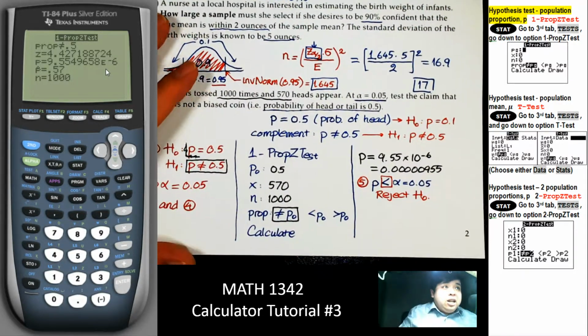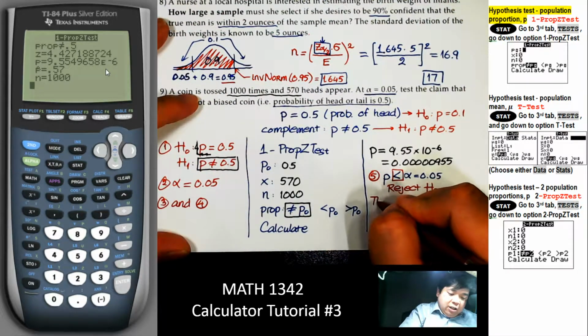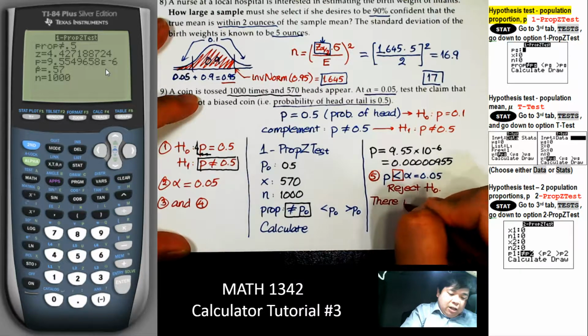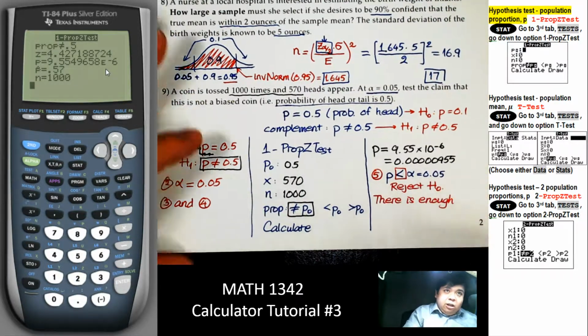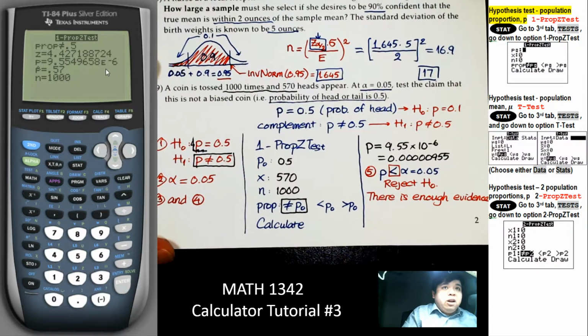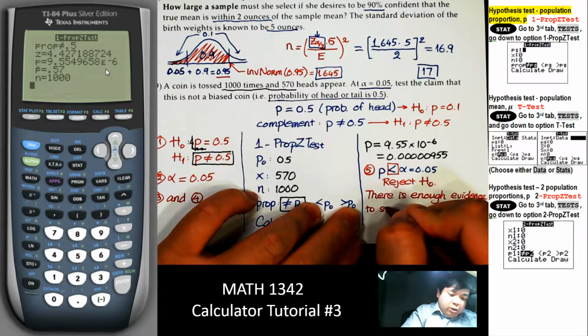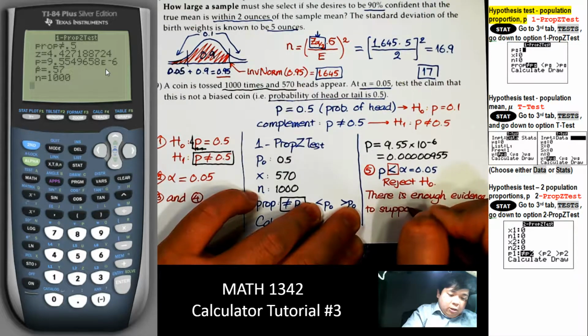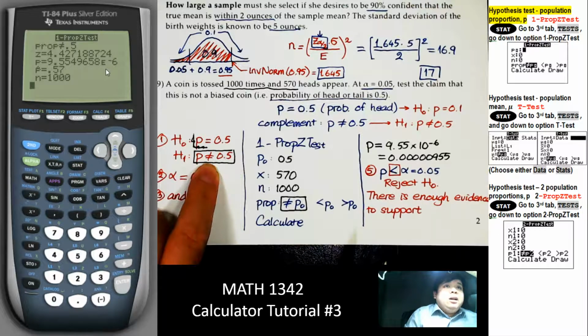So in that case, we write the conclusion like this. There is enough evidence to support H1.